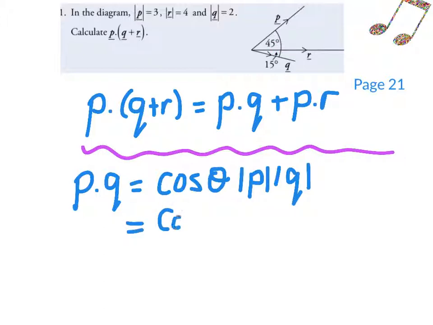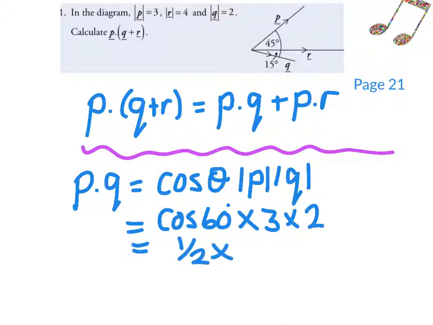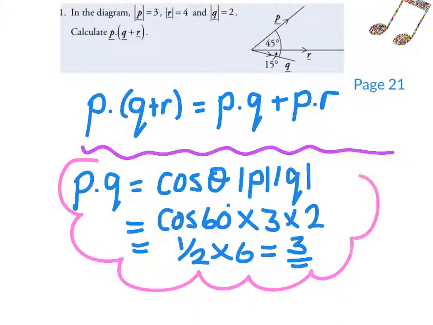So this is equal to the cos of 60 multiplied by the magnitude of P, which is 3, multiplied by the magnitude of Q, which is 2. Cosine of 60 is a half, so it's half times 6, which gives us an answer of 3. So that's P dot Q.